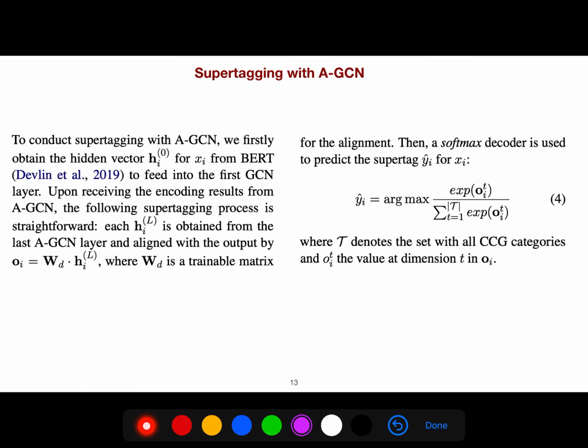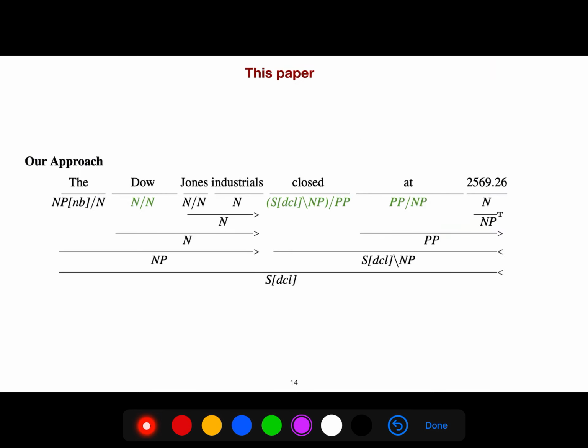And after that, we give it to another trainable matrix for alignment, because now we want to give it to softmax. So let's say this is just the softmax of OI. And we take the maximum of that. What is the probability of each one?